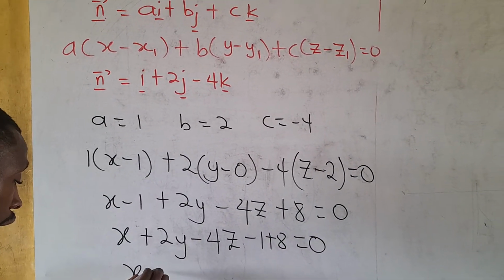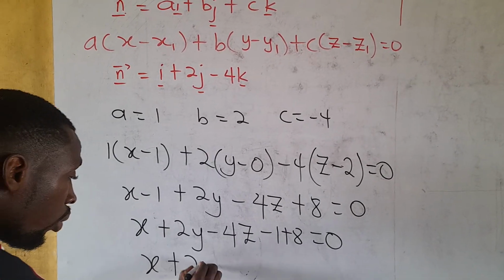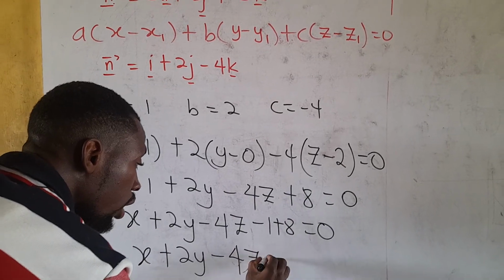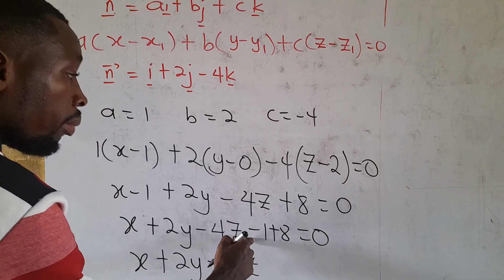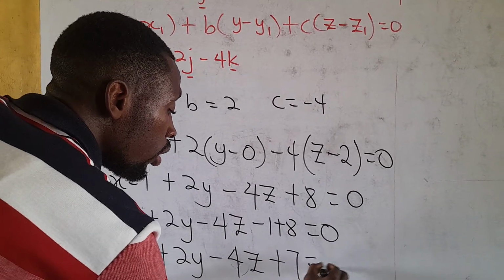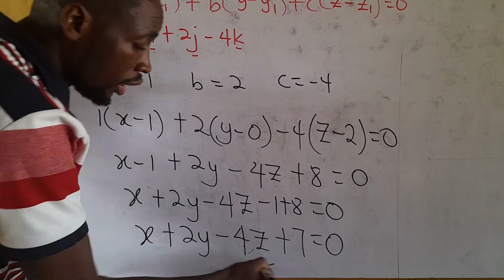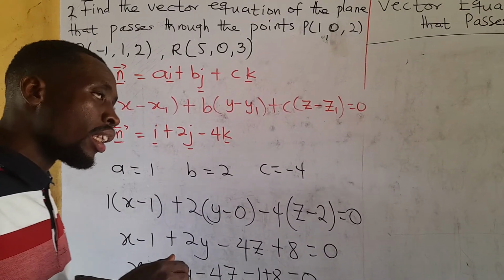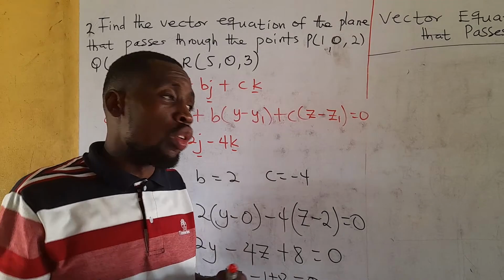You can say our vector equation will be x plus 2y minus 4z, then minus 1 plus 8 will be plus 7 equal to 0. Then this becomes the vector equation of the plane that passes through the 3 points. I hope you get that.